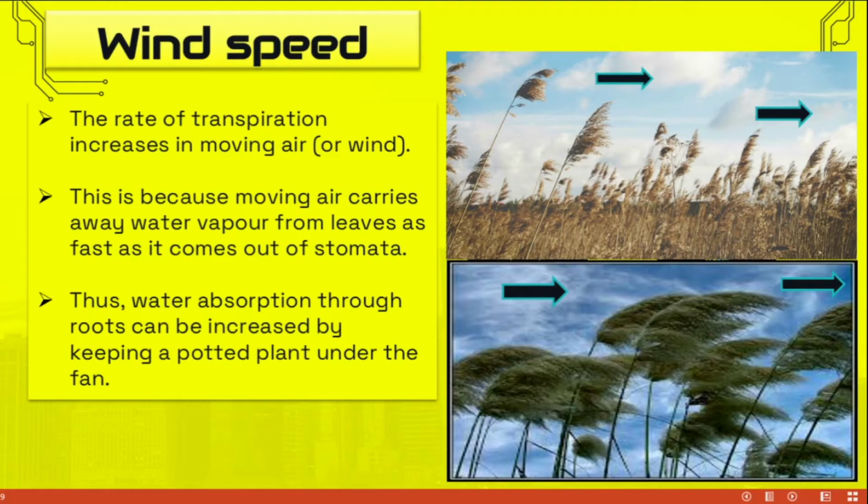How can we know this? By keeping a potted plant under the fan. Definitely you will know clearly that transpiration increased.